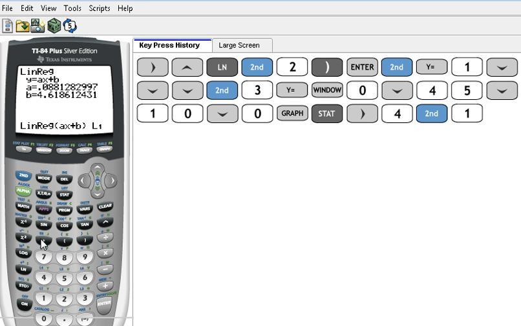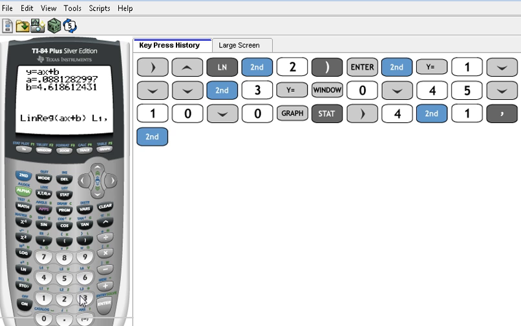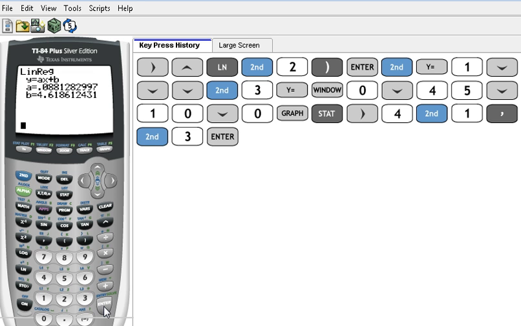Then I have to enter a comma, which is on your black keys, and then second L3. Then press enter, and here is our linear regression information with the slope of the line being approximately 0.088 and the y-intercept approximately 4.619.